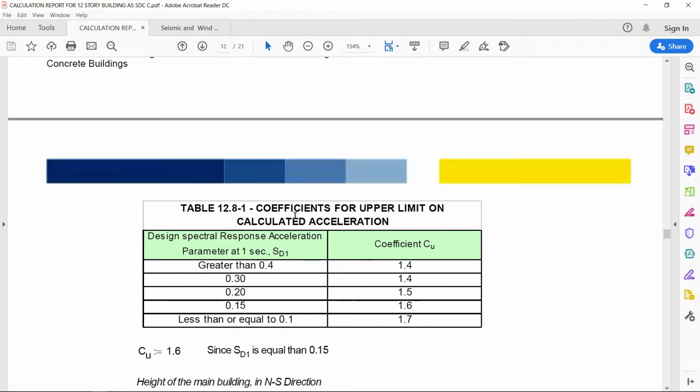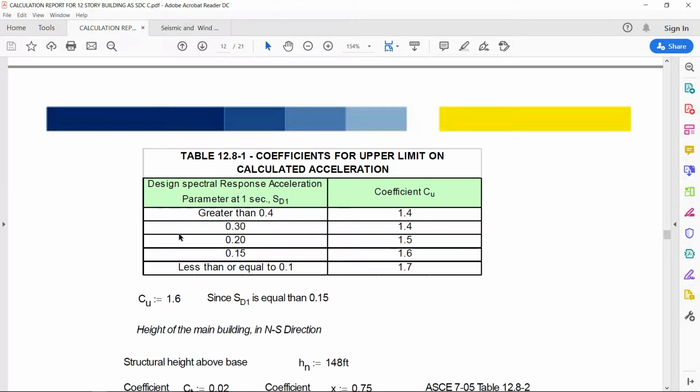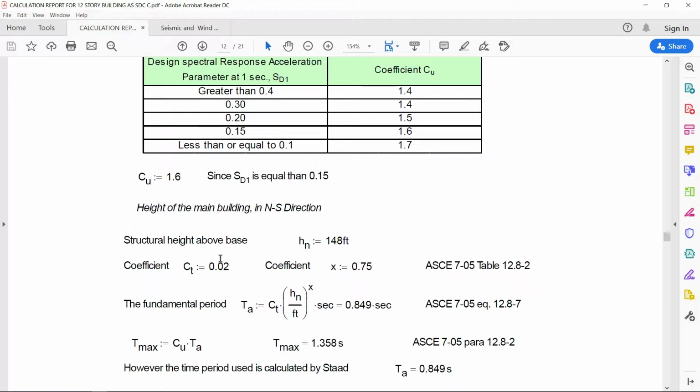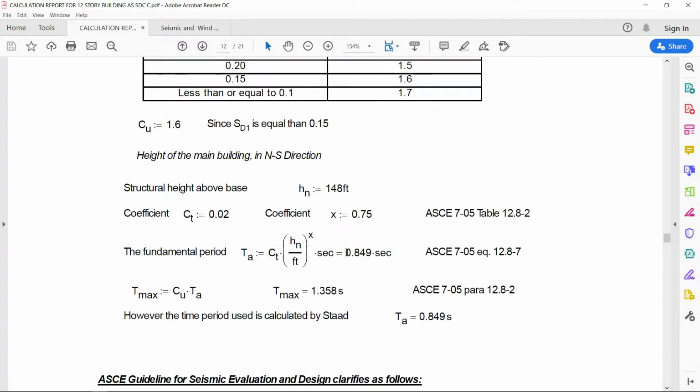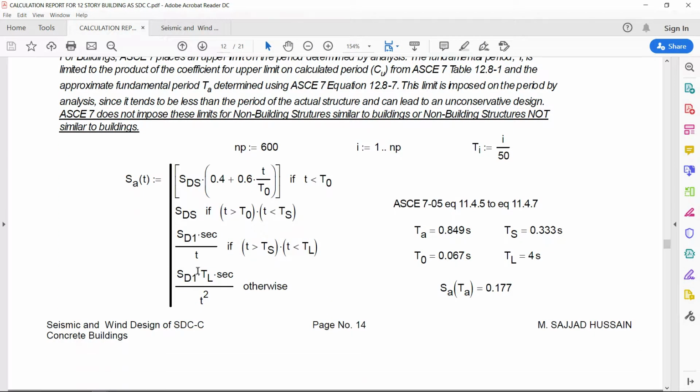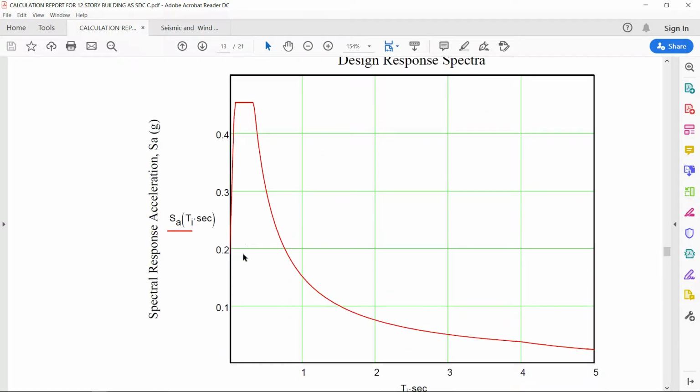Based on this, I calculated the value of CU and the time period as calculated in the book. So almost it's a reproduction of the same thing. And then I calculated the spectral value as per the formula in ASCE 7-05. This is the function for spectral values, and all spectral accelerations were calculated and a graph was plotted.